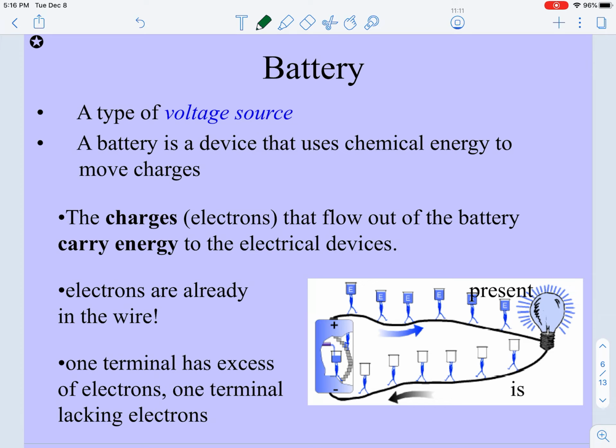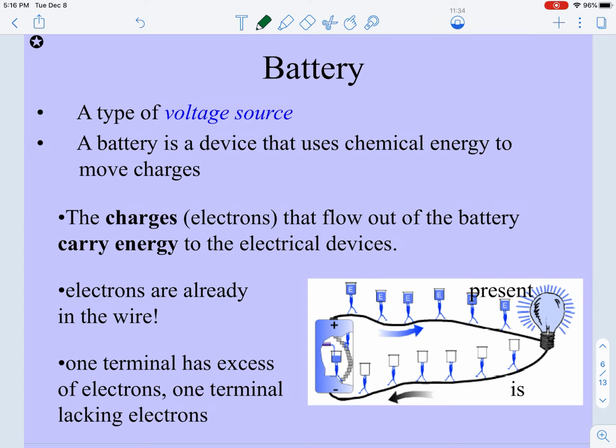The wire is full of electrons, so it's kind of a line effect. The whole line moves together. Okay, so all of these electrons are moving around that circuit, and they are simply transferring energy. In this case, they gave all of their energy to this light bulb so that they return without energy. And so now they are going to go back into the battery.